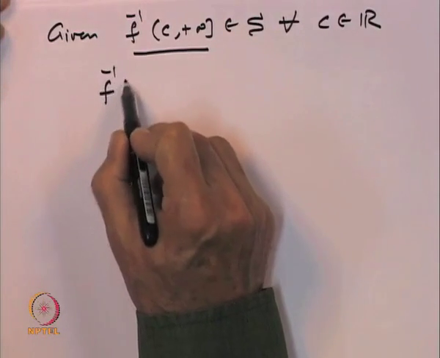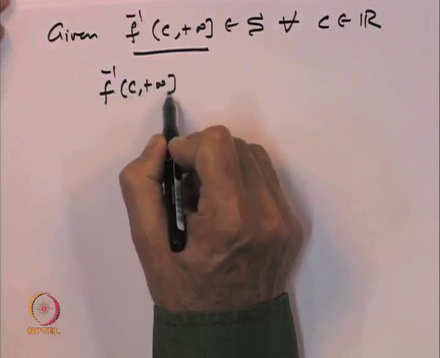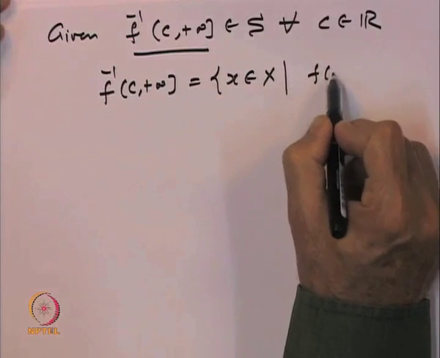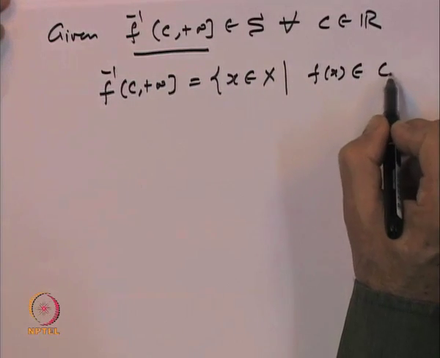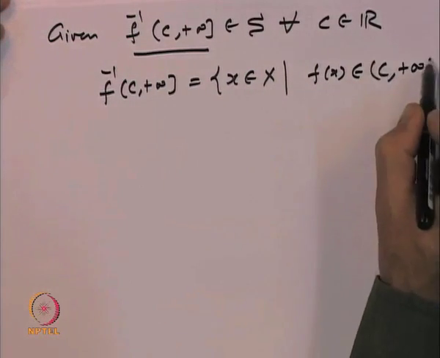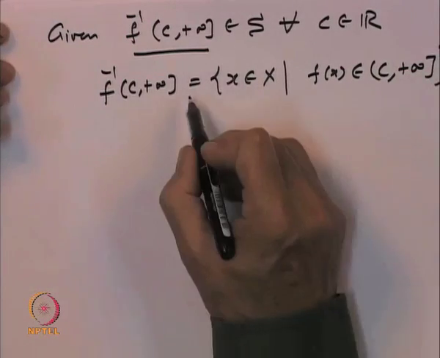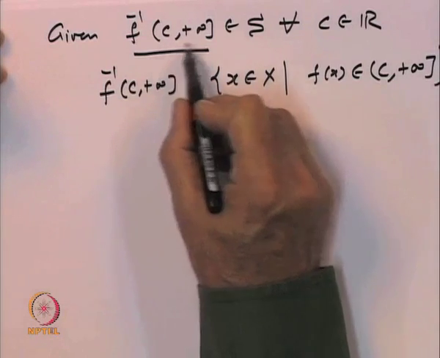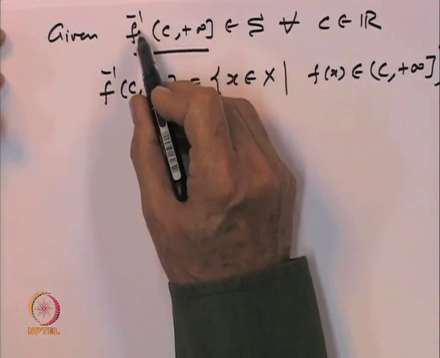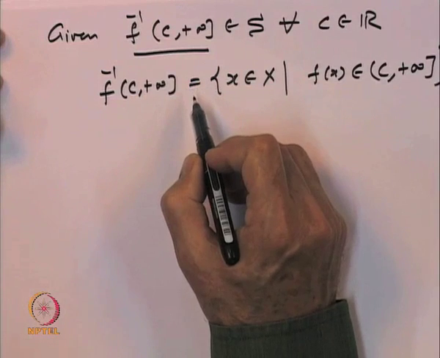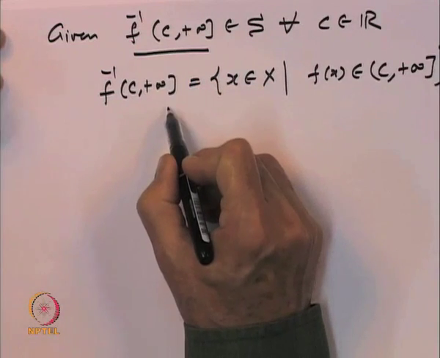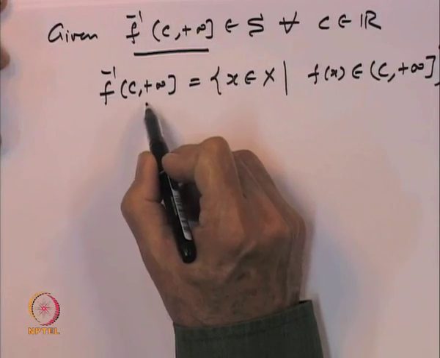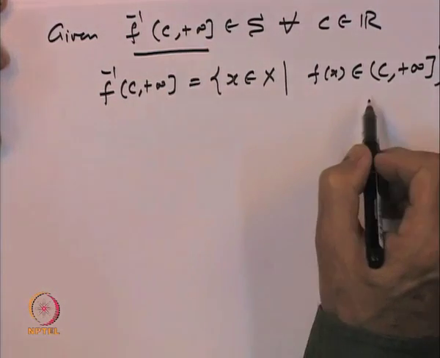The f inverse of (c, plus infinity] is the set of all points x belonging to X so that f(x) belongs to (c, plus infinity]. So, this is the set of all points x in the domain which are mapped into the interval. F inverse does not mean that the function is invertible or anything, this is just a symbol used, it is a pullback of the points which go into this interval.